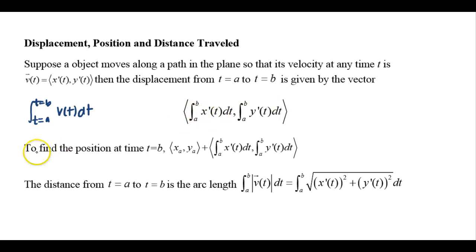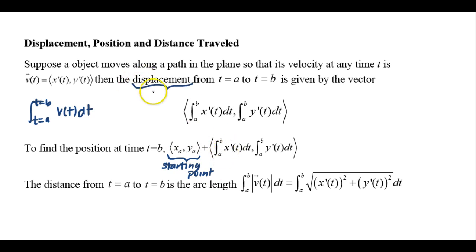And so now, to find the position at time b, so at the ending time, well, I needed to know where I was at the beginning. So I needed to know my initial location or my starting point. That's what this first vector represents, is my starting point. So to find my final position, I needed to know where I started plus my net change in position, which is displacement.